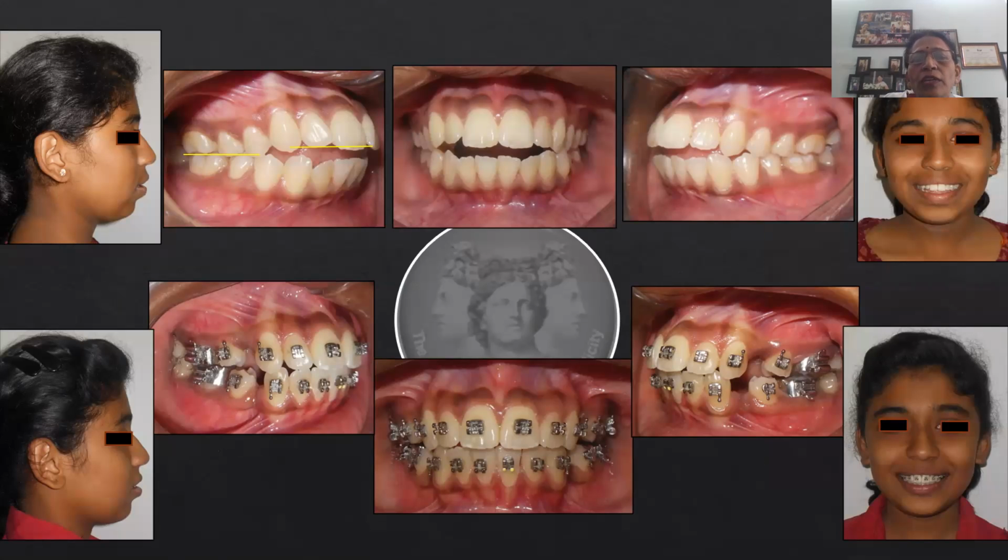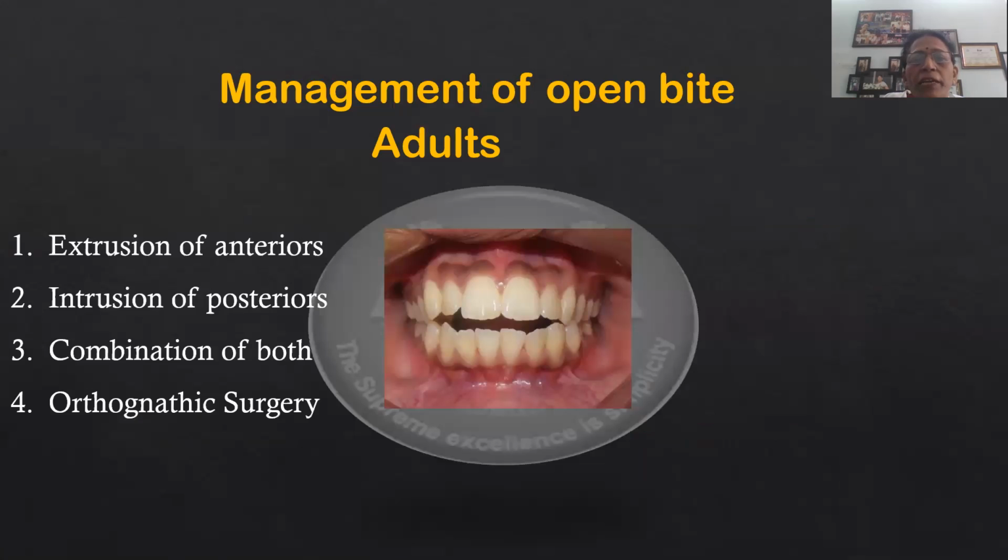As can be seen over here, she had a hyperdivergent mandible. Now, in this case, we wanted to close the open bite not by extrusion of the incisors, but by intrusion of the posteriors, and we gave a high pull headgear in this particular case. After the occlusal plane leveled anterior and posterior, then extraction was done and retraction was done. With further retraction, the bite deepened and we get a normal overbite.